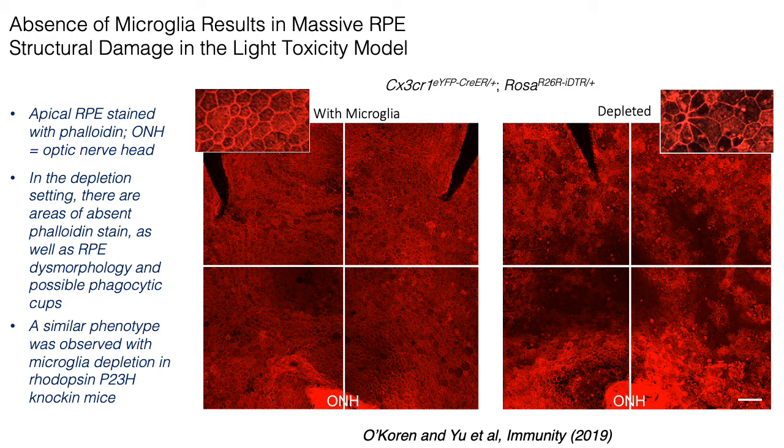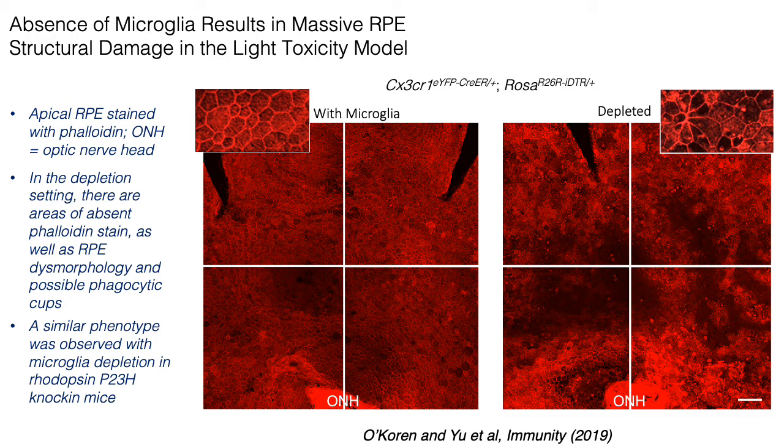And lastly, when one looks at the apical RPE structure using phalloidin staining, a very clear differential picture emerges. In the context of light toxicity with microglia, there is some RPE dysmorphology and irregular staining, including potential phagocytic cups in the RPE.